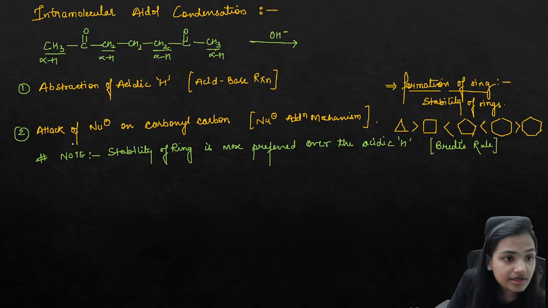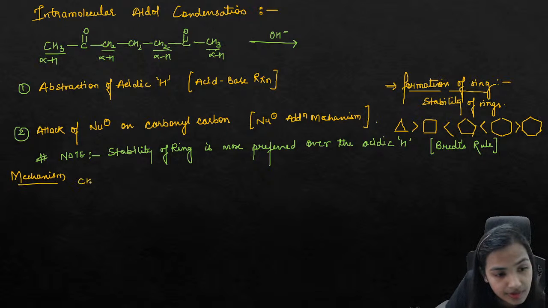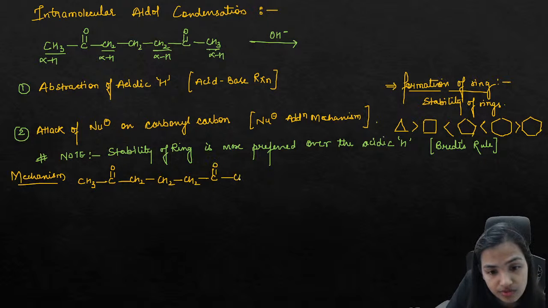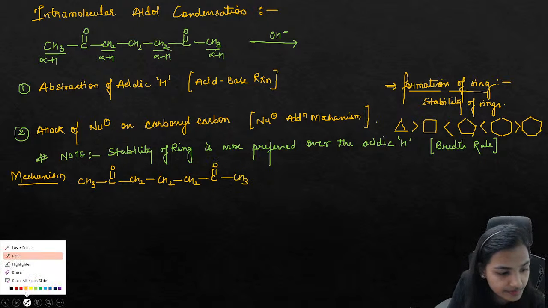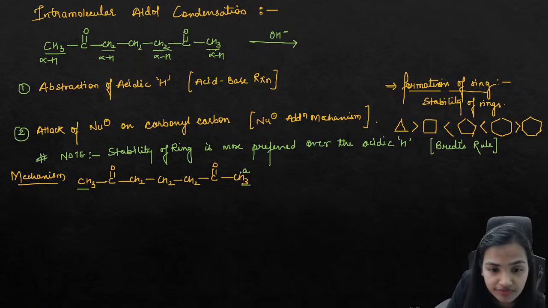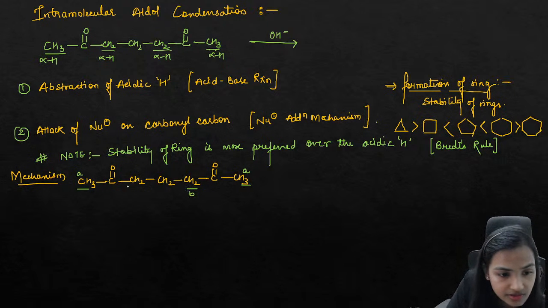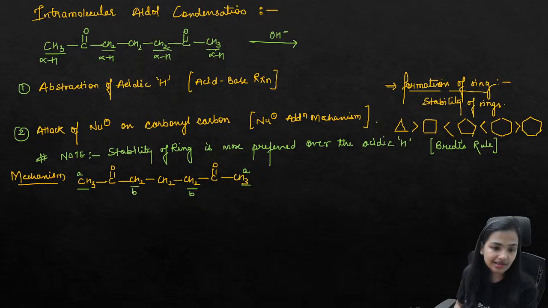When we have this as a molecule, let us do the mechanism, because without mechanism we will not be able to do anything. You are having CH3, C double bond O, CH2, CH2, CH2, C double bond O, CH3. Now see, I am having this acidic hydrogen, this acidic hydrogen is also A type, they both are identical. If I look at this and this, they are the B type acidic hydrogen.